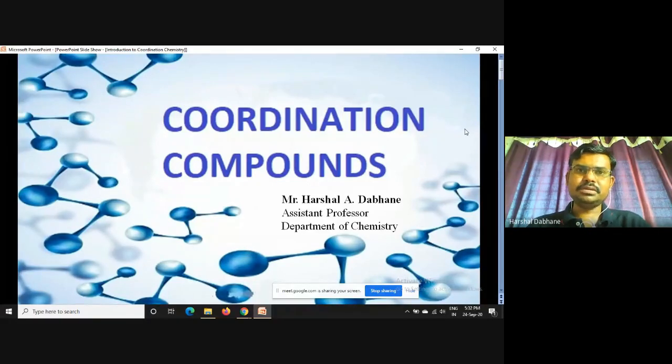Ammonia has nitrogen, and nitrogen has a lone pair. This lone pair can act as a Lewis base, and it can attack the proton, which is electron deficient. There is a formation of a bond between nitrogen and hydrogen. This bond is said to be the coordinate bond.